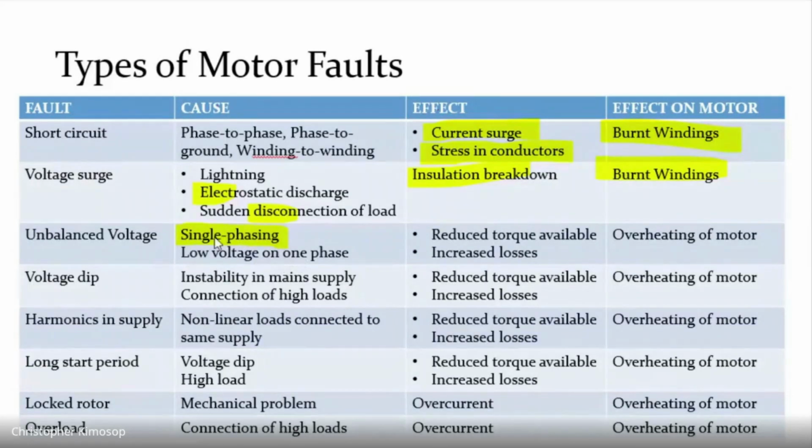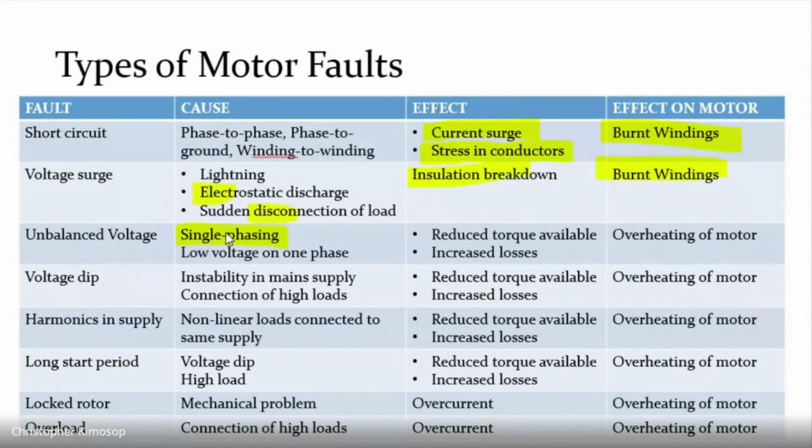Even though you are supplying two phases, generally we refer to it as single phasing. It is one of the most common faults that occurs within motors. From my experience, maybe like 50%, actually I think more than that, maybe like 70% of all burnt out motors or motor faults are caused by single phasing.